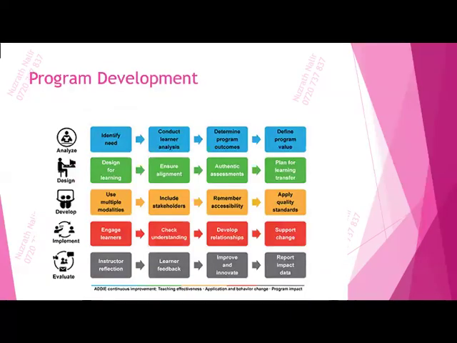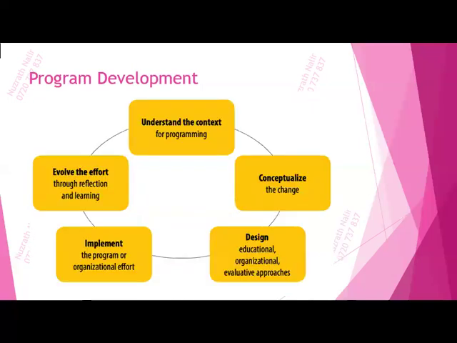Okay, now the second one, the concept. This is called program development. In programming development you analyze, identify the need, conduct learning analysis, determine program outcomes, define the program values, and then design, develop, implement and evaluate. And this is the development part. When you are developing a program, there is also a cycle.